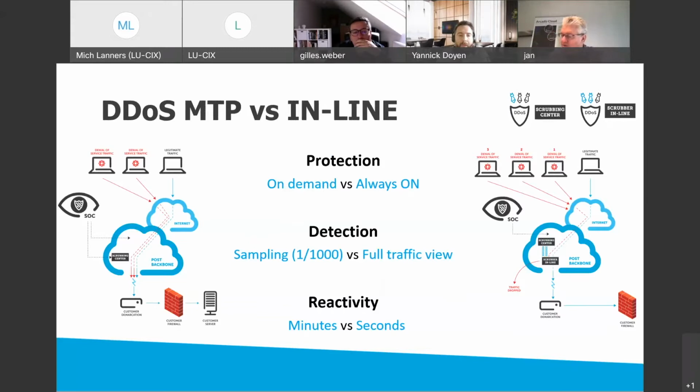So for MTP, on the left, under normal conditions, the customer's internet traffic will follow the normal transmission path through the Post internet backbone. DDoS protection mechanisms are not active at this time. The visibility on the traffic is made from a sample of one packet out of 1,000.